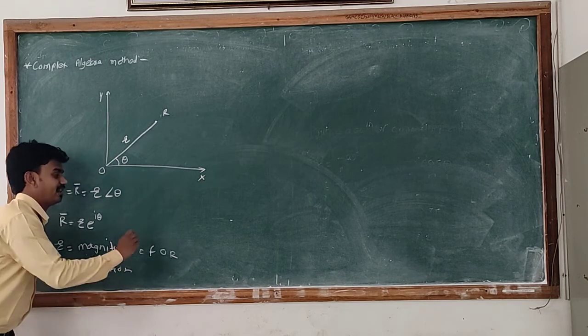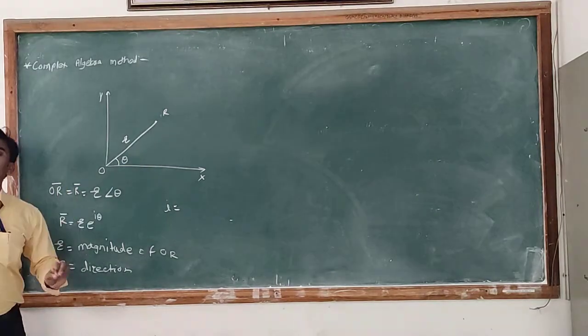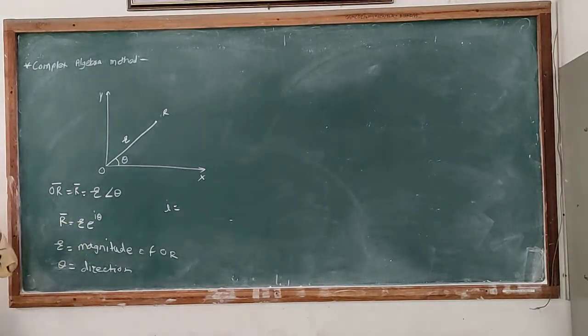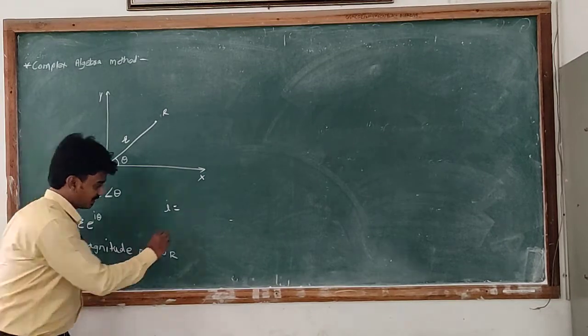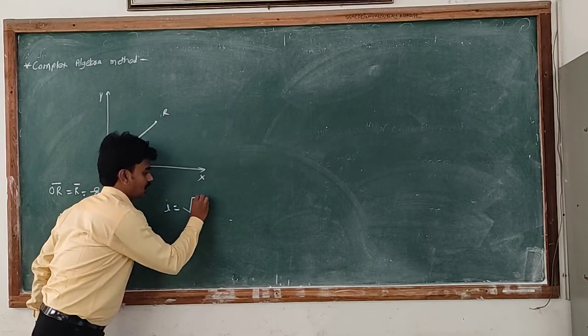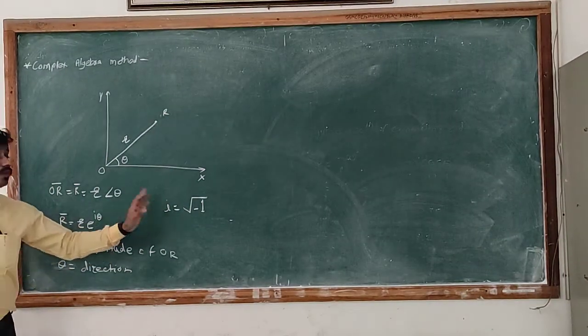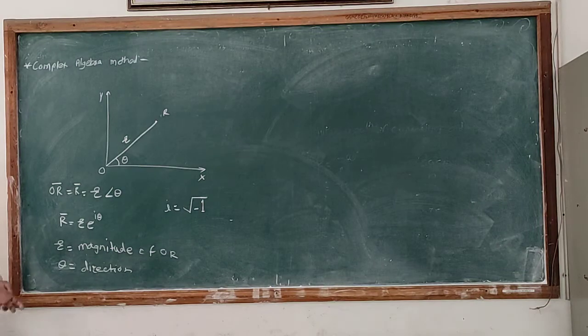And what is i here? i is the complex number and its value is equal to square root of minus 1. It is an imaginary number.